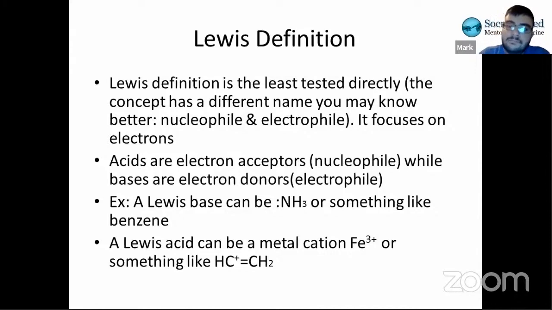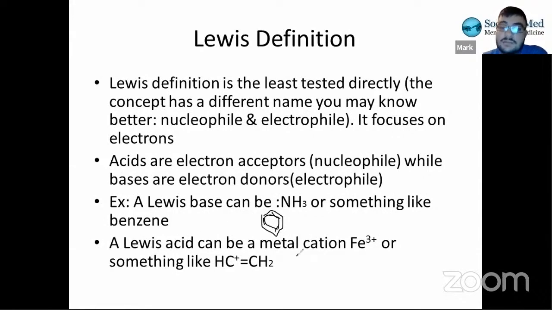Because it has the pi bonds, which it can donate as electrons. So if you remember, a benzene ring looks like this. You may see it like a circle. These bonds can be electron donors, right? So that's why it can be an electrophile.